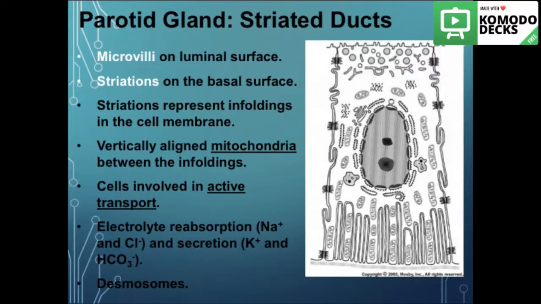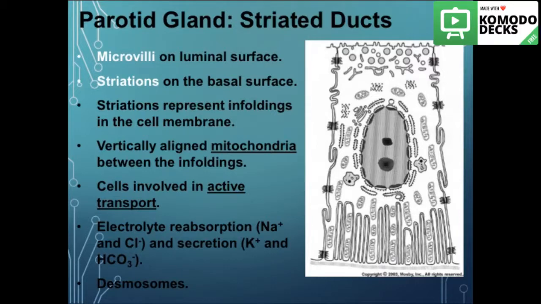There are vertically aligned mitochondria, which you find here in between these foldings. This indicates that these cells have high mitochondria and are involved in active transport. Mitochondria are responsible for energy production.